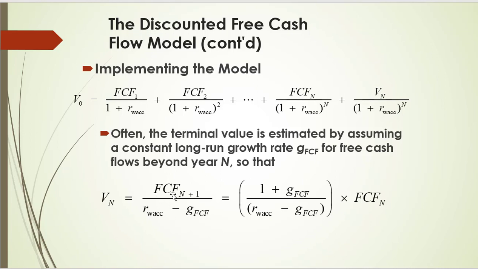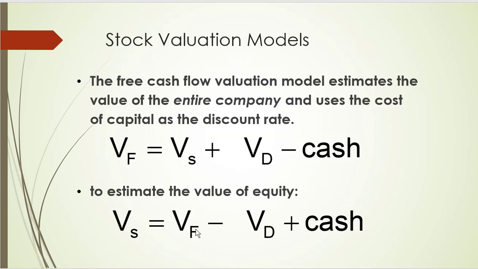In this case, we have the free cash flow times 1 plus the growth rate. Instead of the cost of equity for the stock, now we have the weighted average cost of capital. If you remember, this is what we're going to talk about in chapter 12. It's the cost of financing, and then the growth rate.